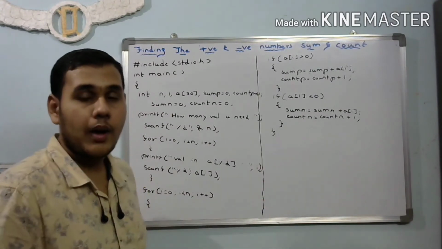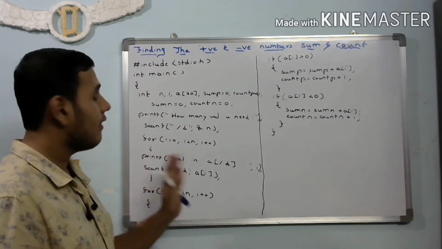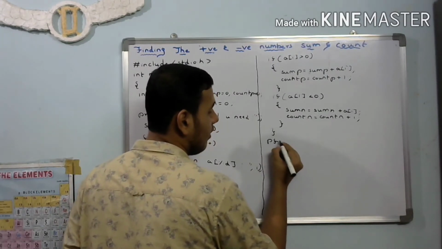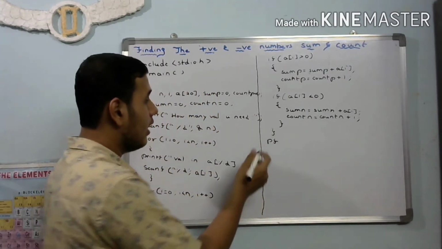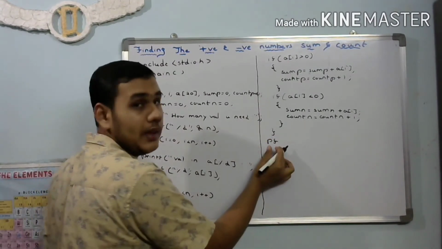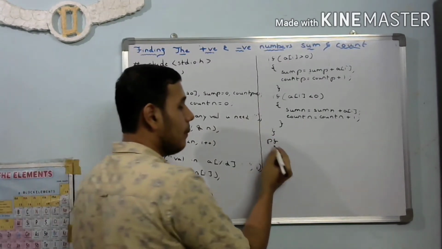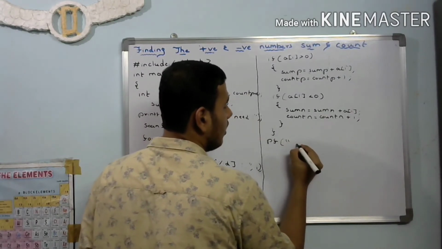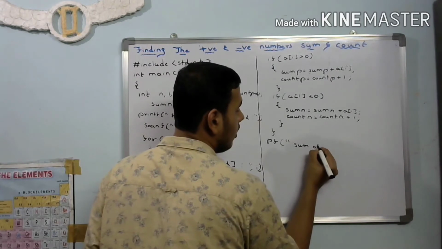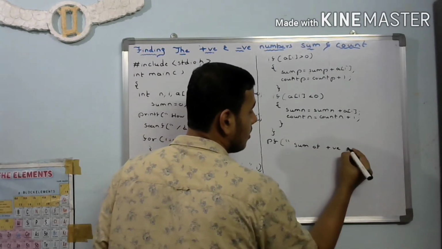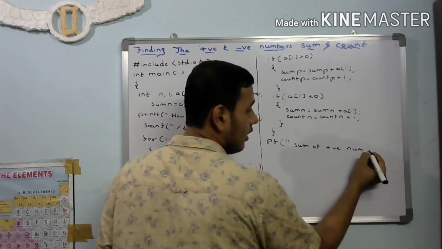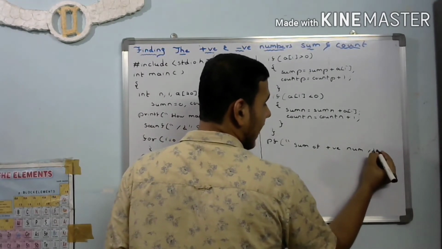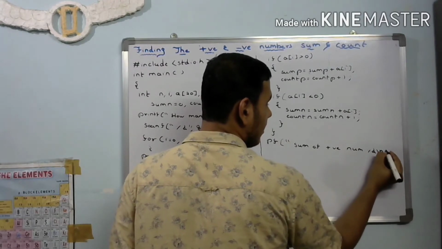Then I'm asking the computer to print the values. printf, I am writing the shortcut pf for all the printf due to the lack of space. Pf: sum of positive numbers. The sum of positive numbers will be stored as percentage d slash n, I am giving a new line character.